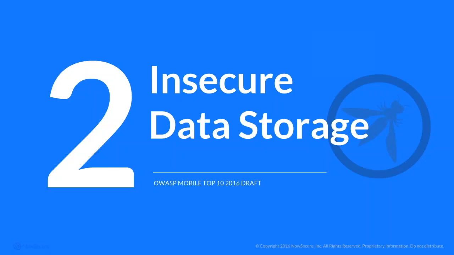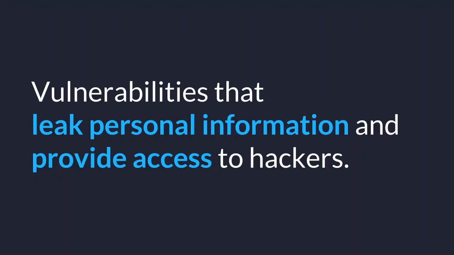The next one that we have here is insecure data storage. And we say these are vulnerabilities that leak personal information and provide access to hackers. It's really unrealistic to assume that no app is going to store data. We realize that in many, if not most cases, data must be stored somewhere. So the question is, where is the most secure?